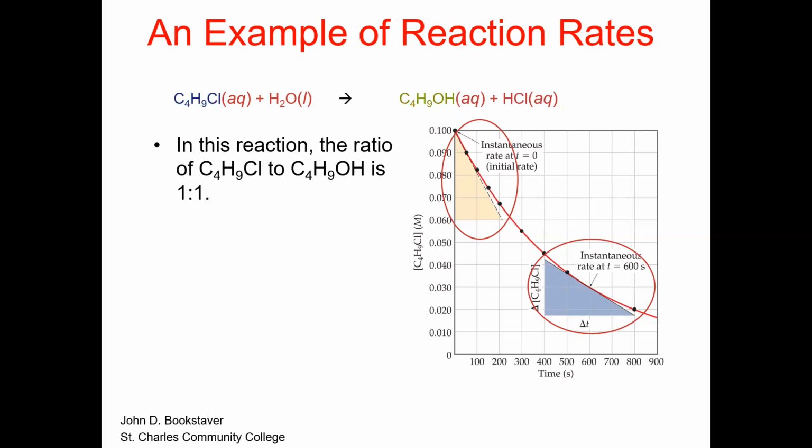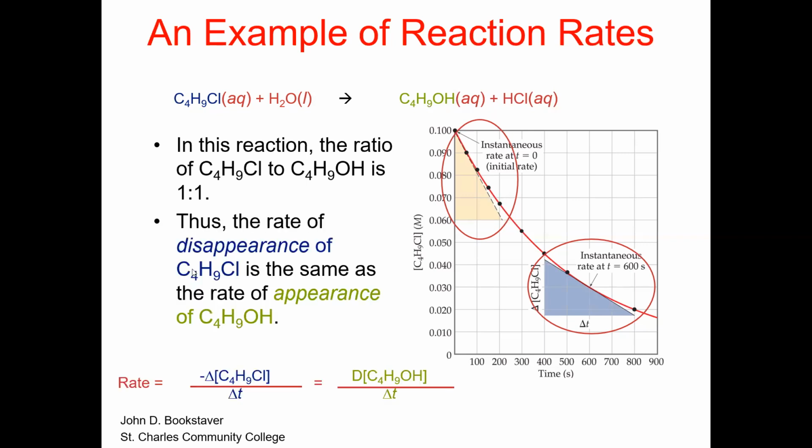So now in the reaction, the ratio of butyl chloride and butanol is 1:1. Of course, look at it. We have 1 mole of butyl chloride here and 1 mole of butanol. So the ratio is 1:1.